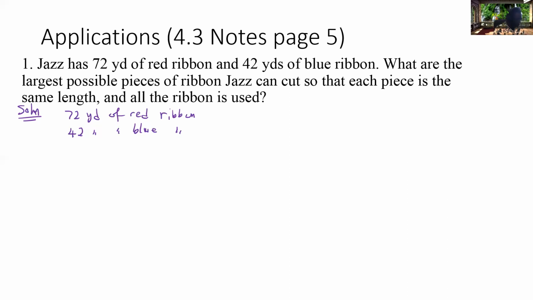Now, what does it mean? Since we want the largest possible pieces of ribbon, this is a keyword. That means we want the largest, and the length of the pieces should be a number that divides both 72 and 42.